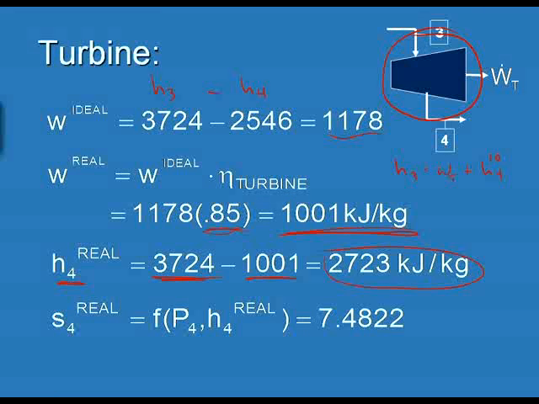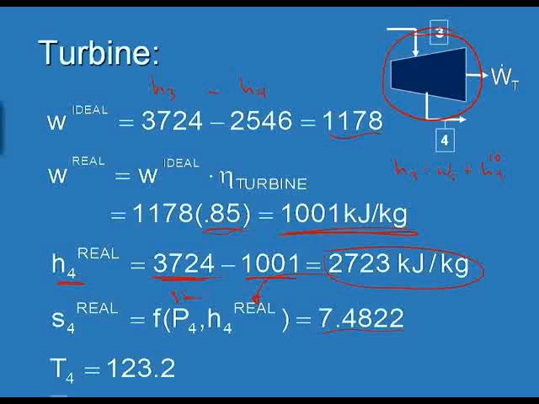Now, given the H, 2723, and the P leaving the turbine, which is 1 bar, or 100 kPa, we'll find, using your knowledge of properties, that the entropy leaving is 7.4822 kilojoules per kilogram Kelvin.